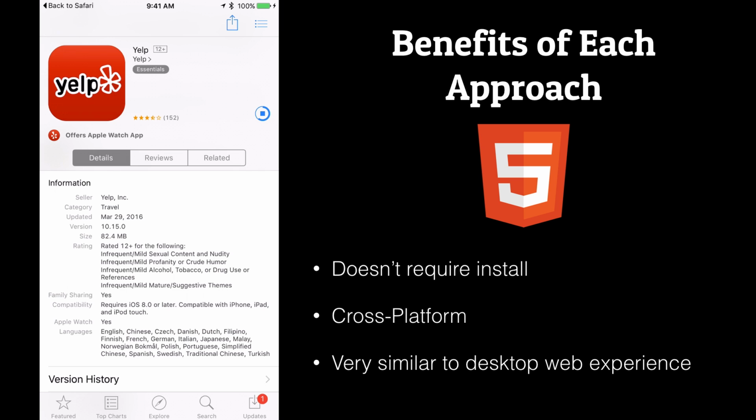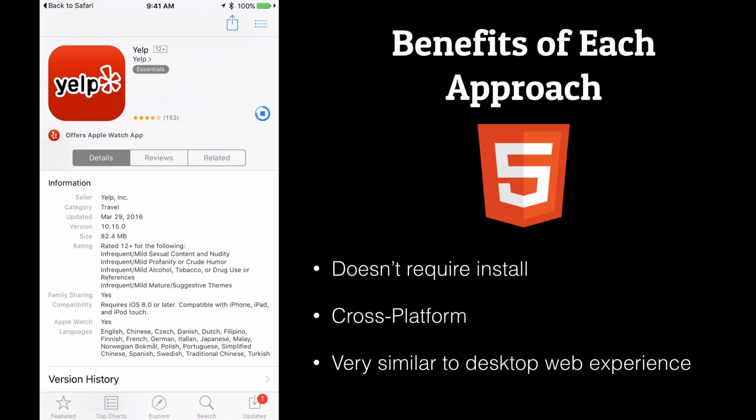If we build on the web platform, the advantages are that we don't need to download a huge app and install it. And you can see here in this case, this Yelp app is 82.4 megabytes compared to a web experience that is less than 1 MB. So it requires a lot less code, a lot less data, to load that experience. We also get the benefit that the web is inherently cross-platform.